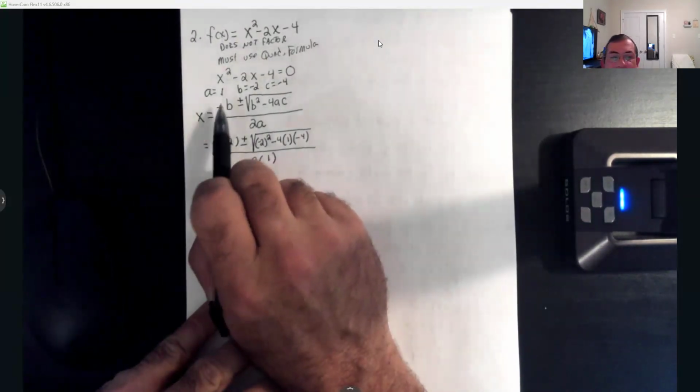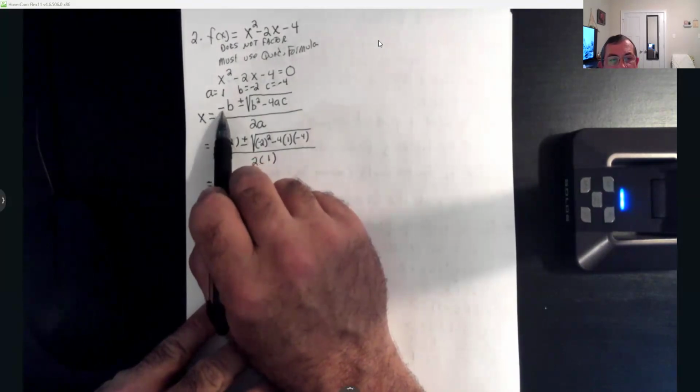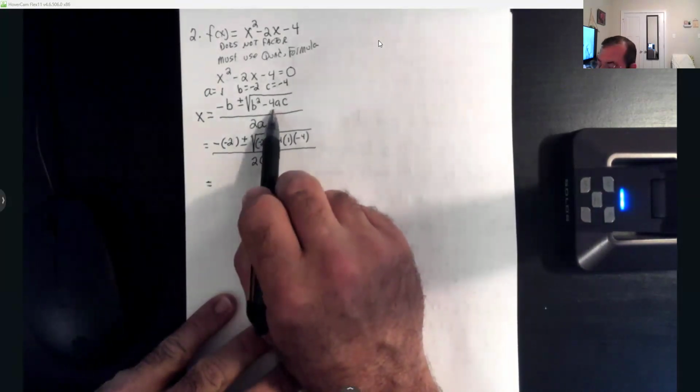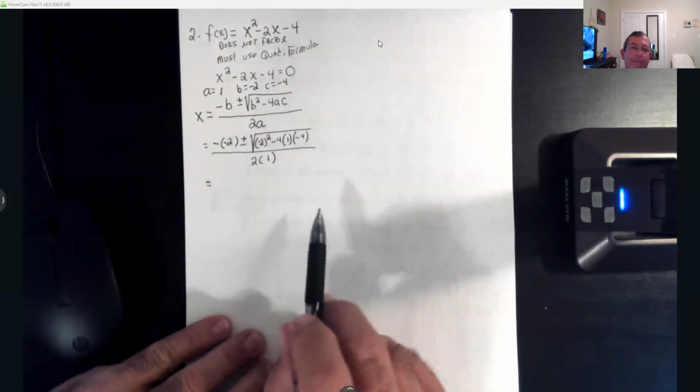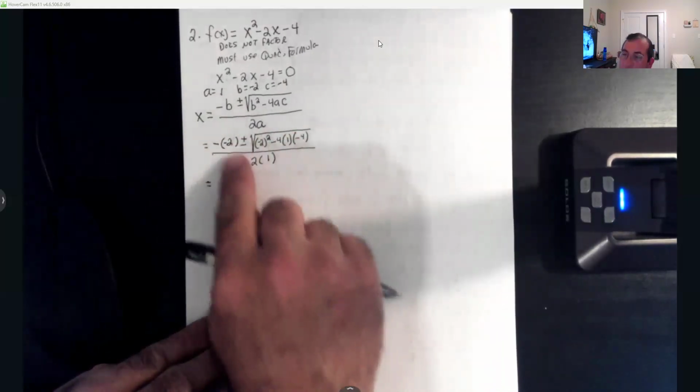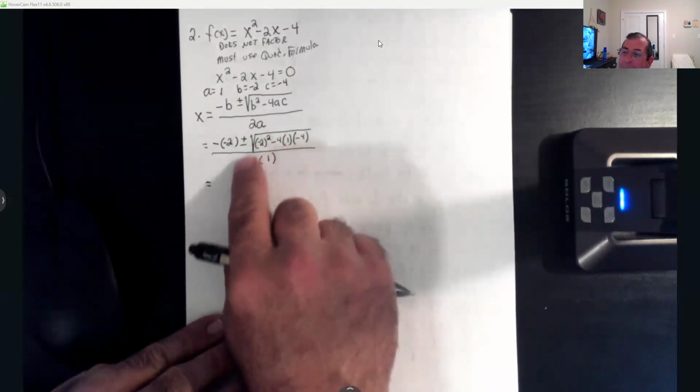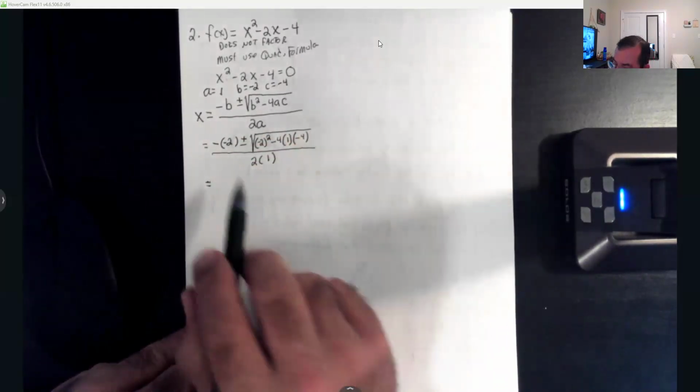So y'all, the things you got to realize is that this negative is always in the formula. The 4 is always in the formula, and the 2 is always in the formula. So we plugged everything in, so now we just need to start simplifying it.